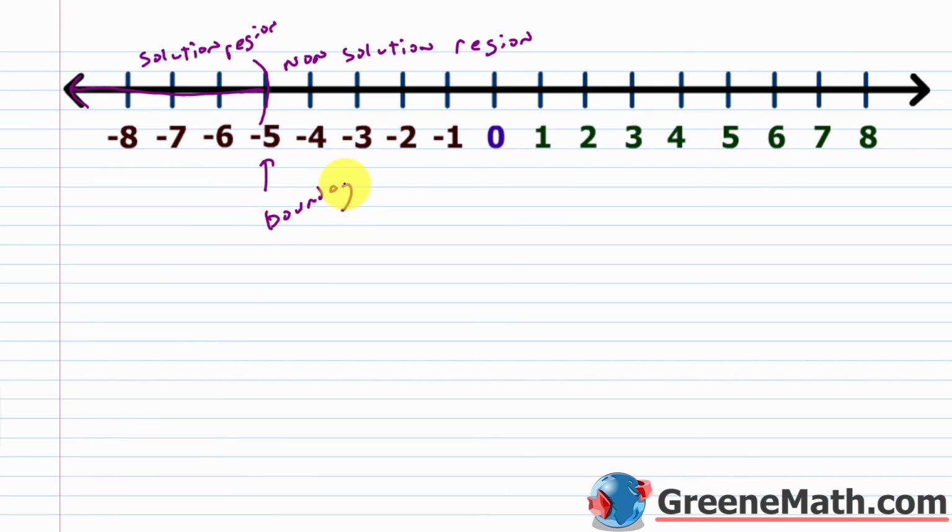It separates the solution region from the non-solution region. And that's why you establish that. So you can say, okay, I'm going to pick something in the non-solution region and see if it works. It shouldn't, right? Because it shouldn't be a solution. And then I'm going to pick something in the solution region, and that should work. When we plugged in 10, which is in the non-solution region, it didn't work. That's what we want. When we plugged in something from the solution region, -10, it did work. And that's what we want.